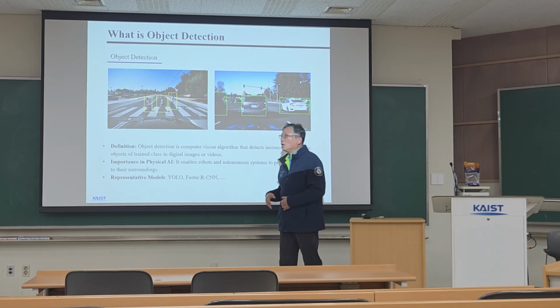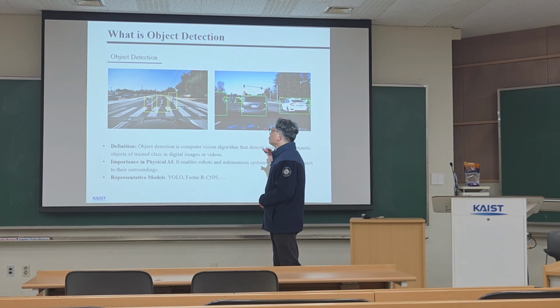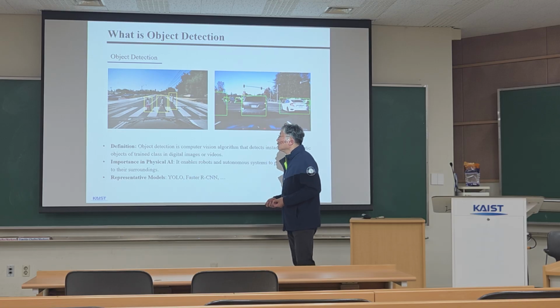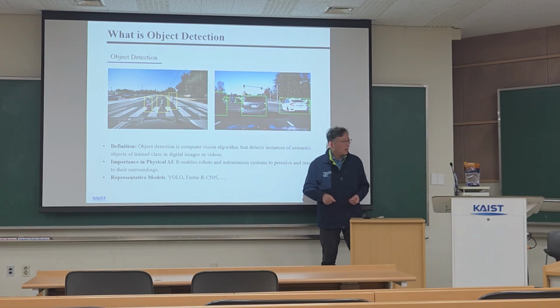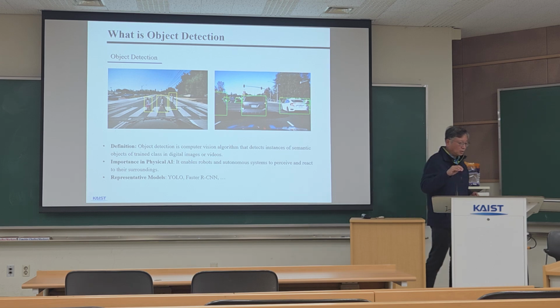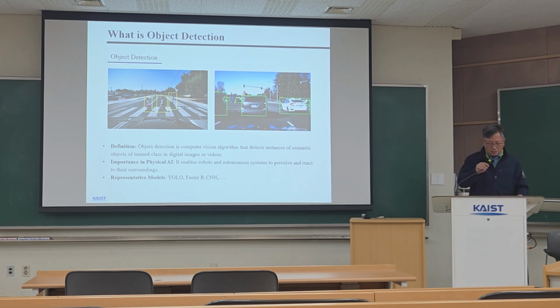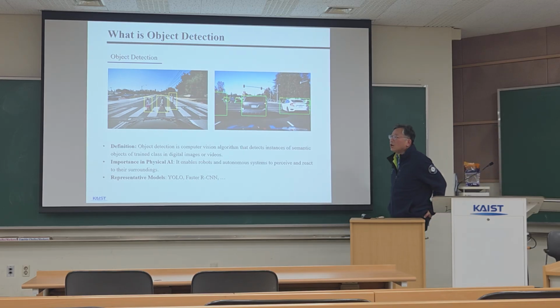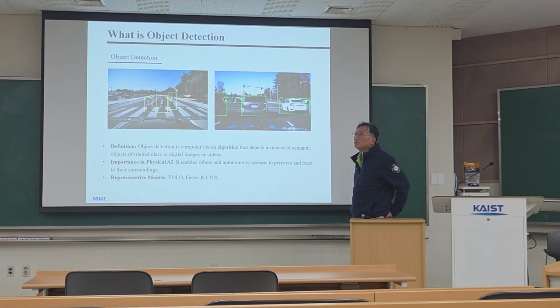So in order to detect persons and cars, an algorithm was trained using data to detect humans and cars. And of course, detecting objects is an essential element for building physical AI.